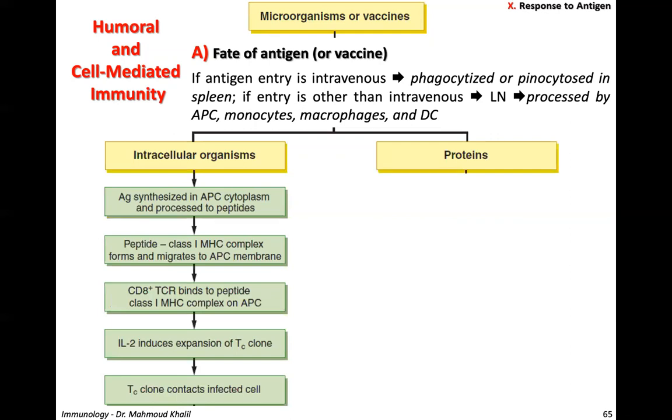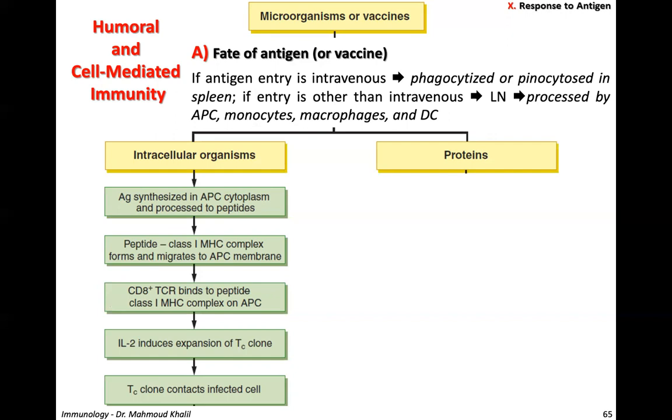Then the CD8 TCR receptor on the T cells, which are the TC cells, will bind to this peptide class 1 MHC complex on the surface of antigen-presenting cells, and this will lead to interleukin 2 induced expansion of the TC cell clone.